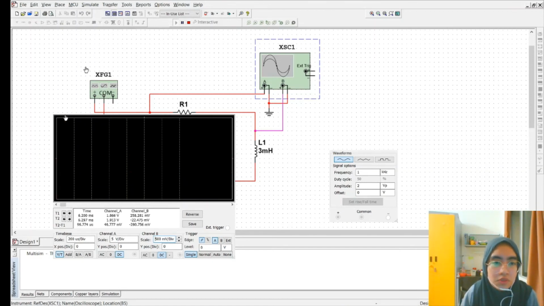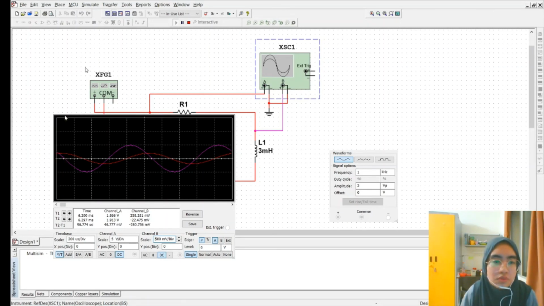Use whichever cursor that you like, 1 or 2, and then just right click and go to the next Y max, and tada, you'll get the result right here. So let's read it at the channel B, the pink one, and T2, because I'm using the T2 cursor. So the result is 491.896 millivolt. So that's the two examples on how to read the V out using Multisim.